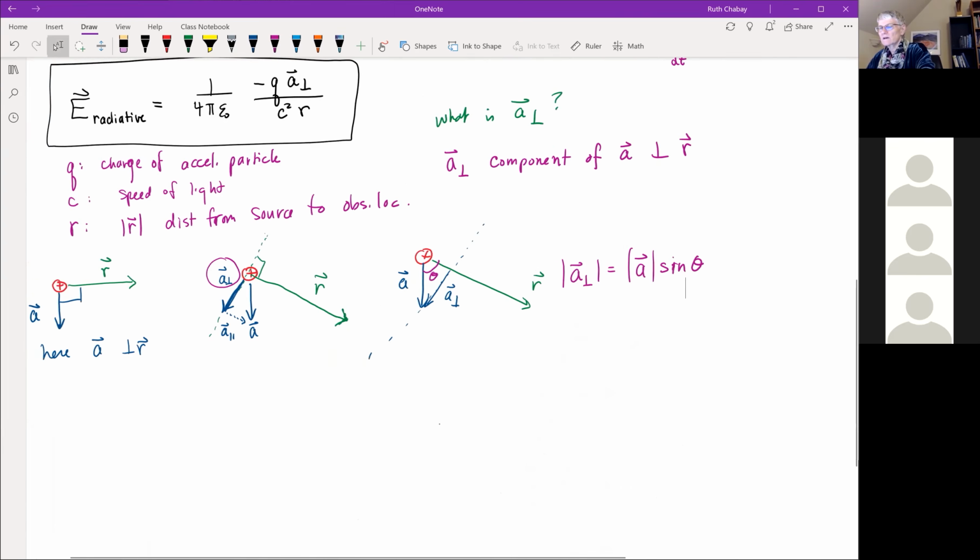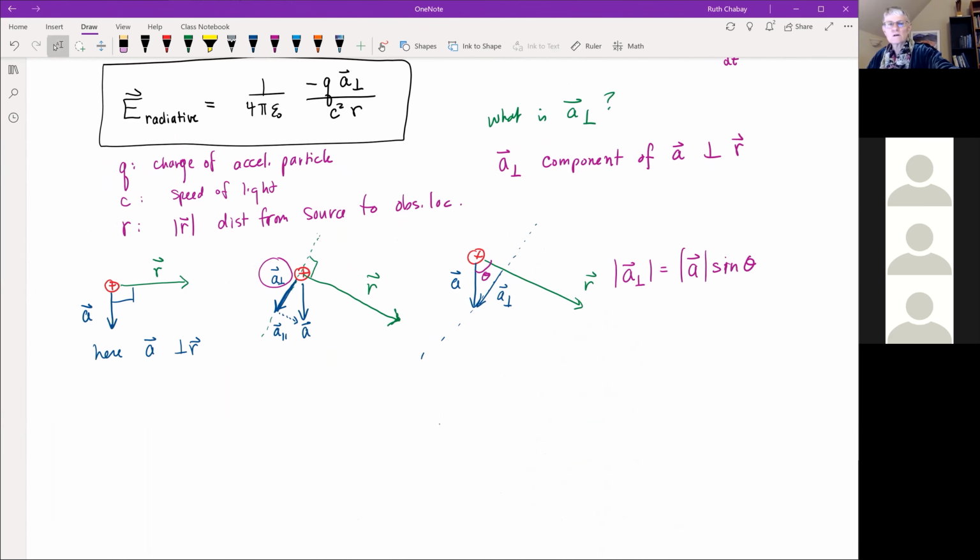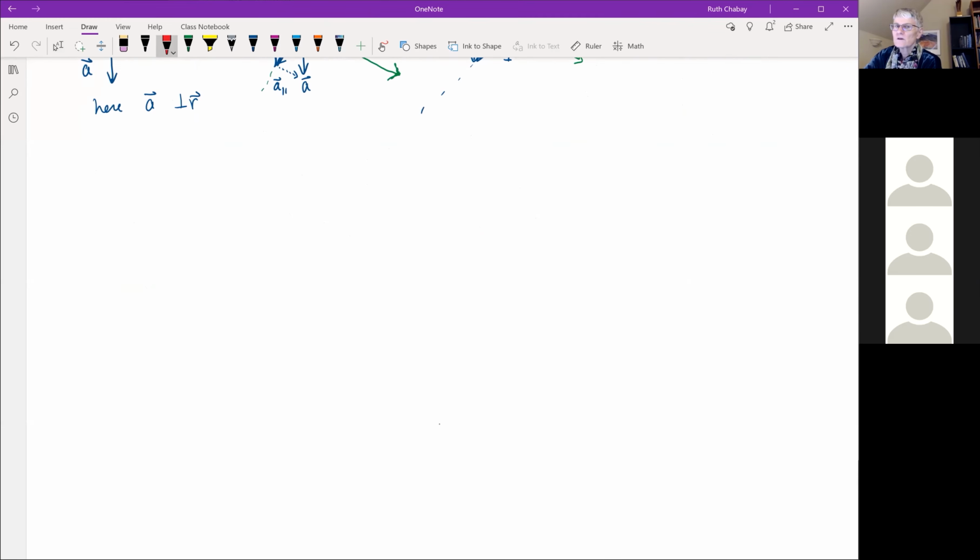Let's go back to here and do a quantitative calculation. So let's make it an electron. Here's an electron that's accelerated in this direction, and we have an observer over here at location R. And we know some values.